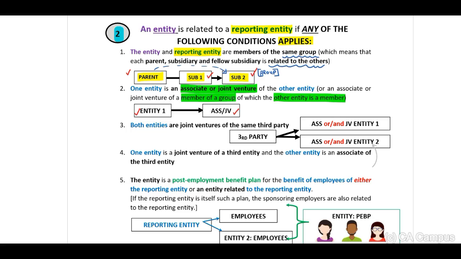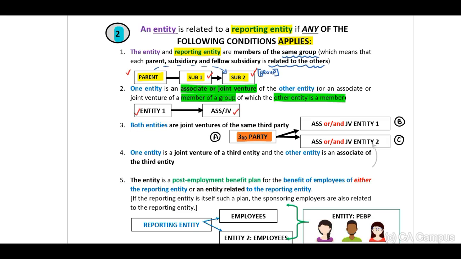Number 3, where both entities are joint ventures of the same third party. In this scenario, we have a third party. Therefore, let's call this, for example, company A. Company B will be entity number 1 and company C will be entity number 2.